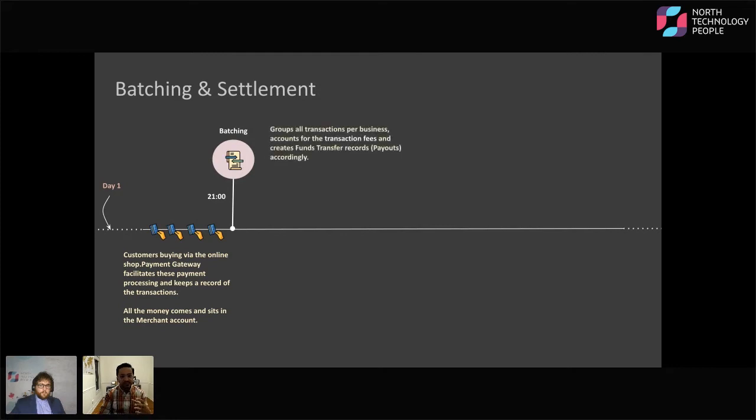What this means is that we group all transactions per business account and then deduct the transaction fees that we will keep, and create payout records saying that, hey, business X has done like $10,000 of business, so they should get $10,000. To be more precise, they have done $10,000 of business, they should get $9,500 because we kept $500 as fees, right? So those payouts are created, that these are the payouts that will go to this business.